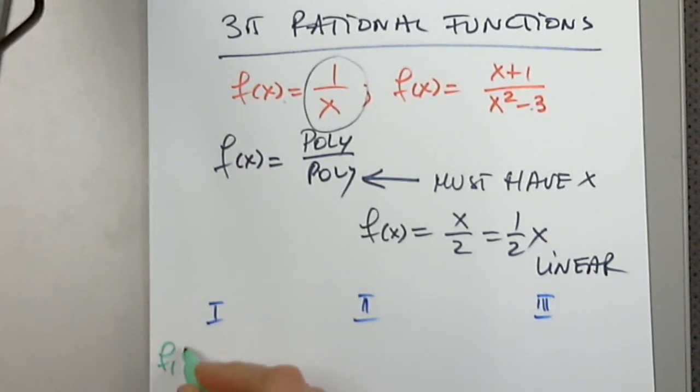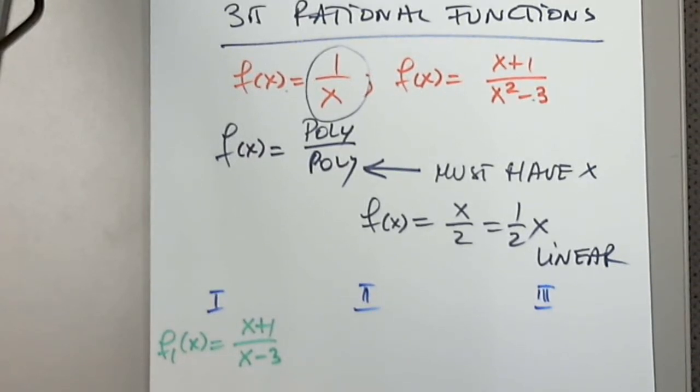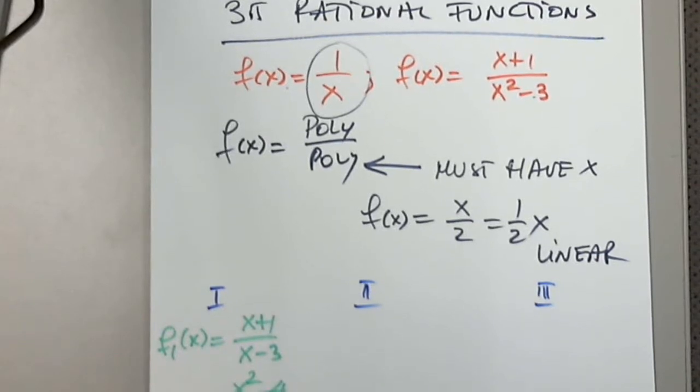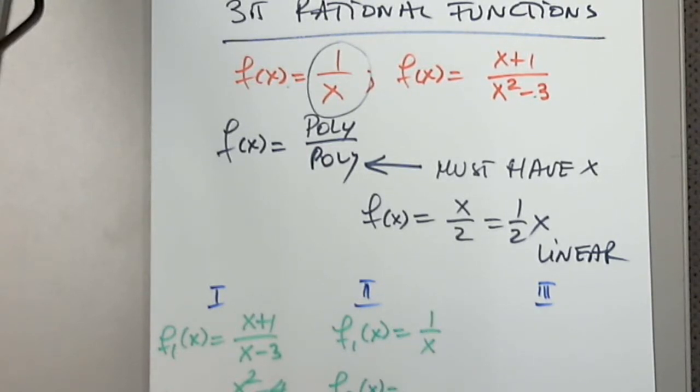So here's f1, x plus 1 over x minus 3. And another example, f2, x squared minus 4 over x squared minus 1. Type 2, an example will be 1 over x. Another example would be x divided by x squared minus 4.